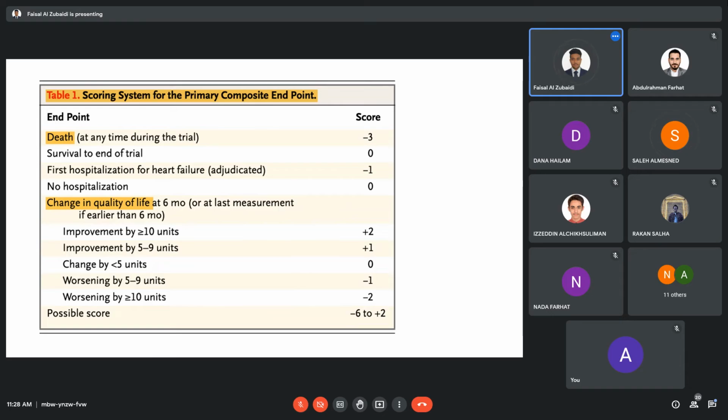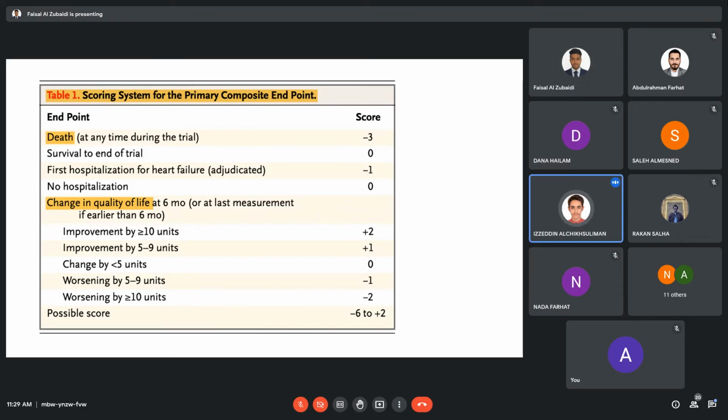Nada? The question is for the whole group. Izzuddin, Nada, anyone else want to participate? Do you think that when we give a patient survey, it is a subjective or objective measure?